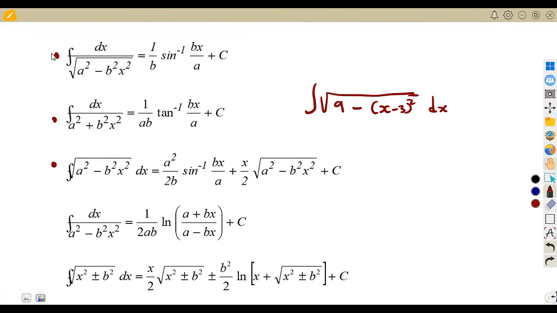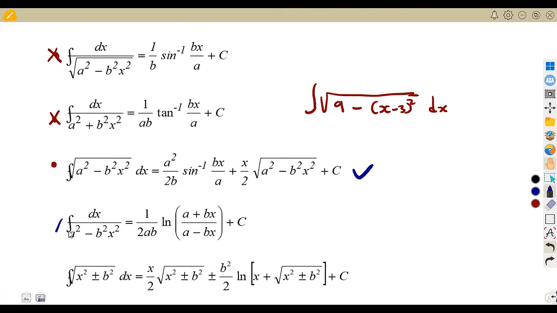Is it the first one? No, this is a fraction, 1 over. We do not have a fraction, so this is totally out. Is it the second one? No, we do not have a fraction, so it is out. Is it the third one? The square root of a squared minus, this is the greatest possibility that we can have. It can be written as the square root of a number squared minus another number squared. So this is the best.